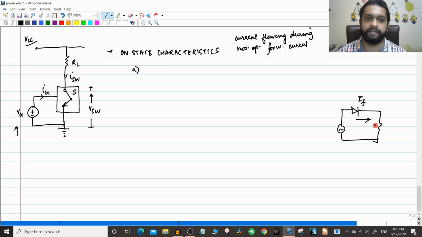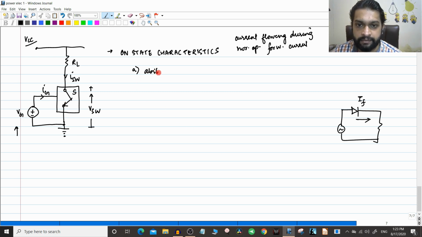So this will be the forward current direction. It should have huge capacity to handle the forward current. Whatever might be the current demanded by the load, if that passes through the switch, it should not get damaged. That means although the forward current tends to infinity, the switch should not break down, so its current carrying capacity should be tending to infinity.